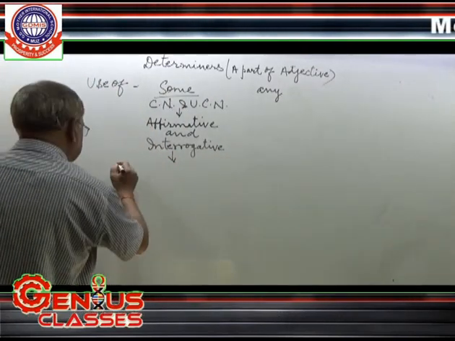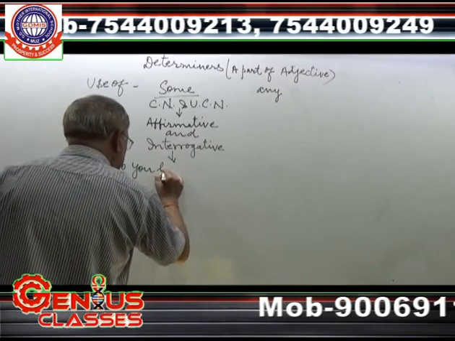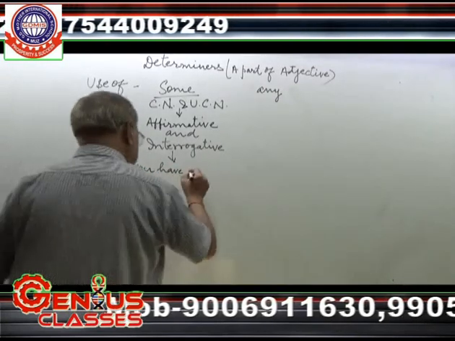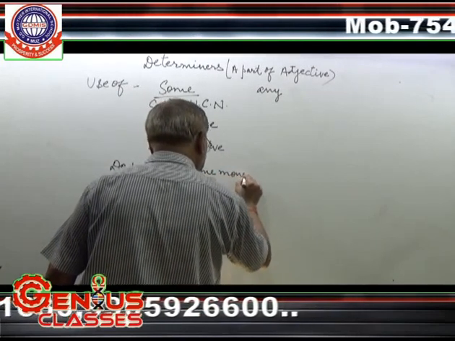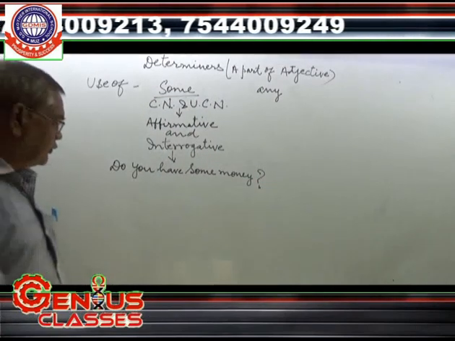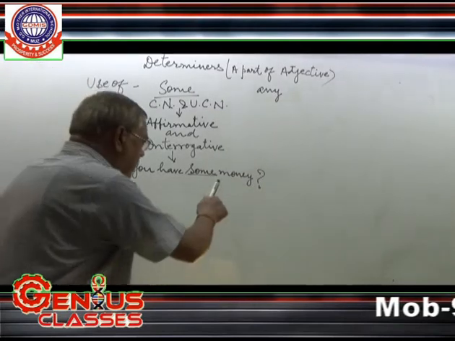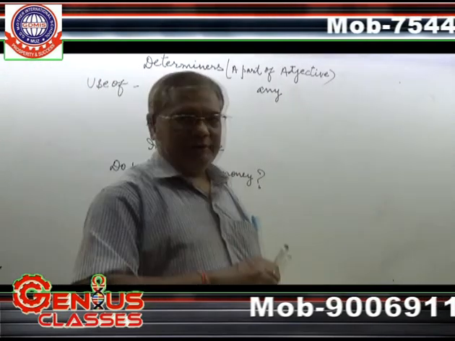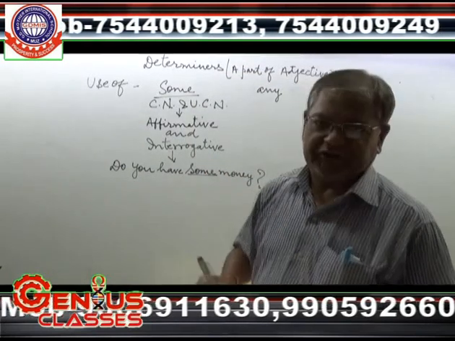The sentence: Do you have some money? Here some has been used. Money is an uncountable noun, and this is an interrogative sentence.